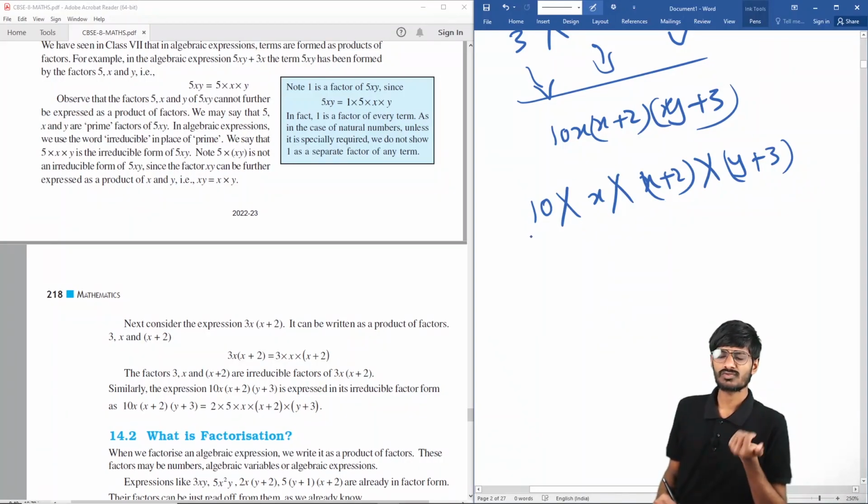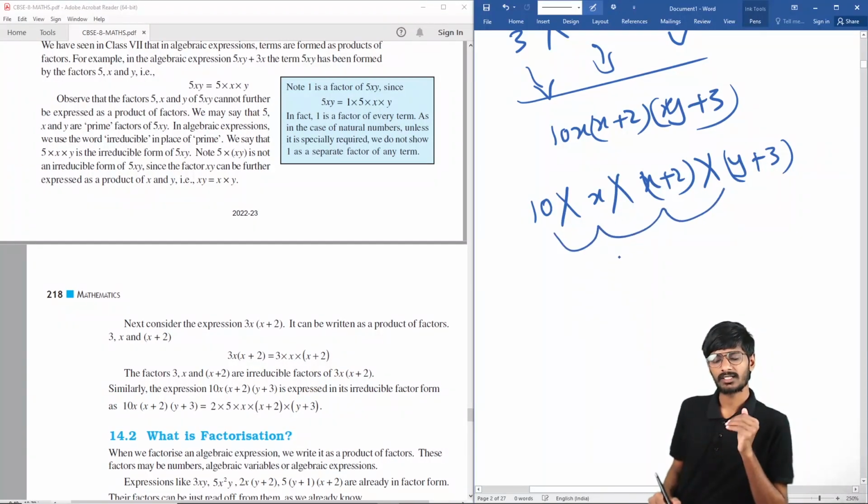We can't reduce 10, we can't reduce x, we can't reduce x plus 2, and we can't reduce y plus 3 further. So these are the irreducible factors. We can reduce 10 in terms of 2 into 5, so that is the smallest form in terms of prime numbers. That's it, students.